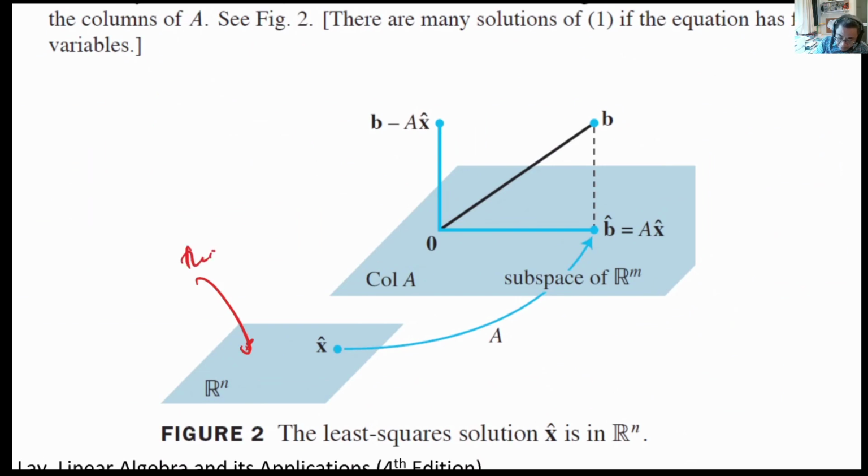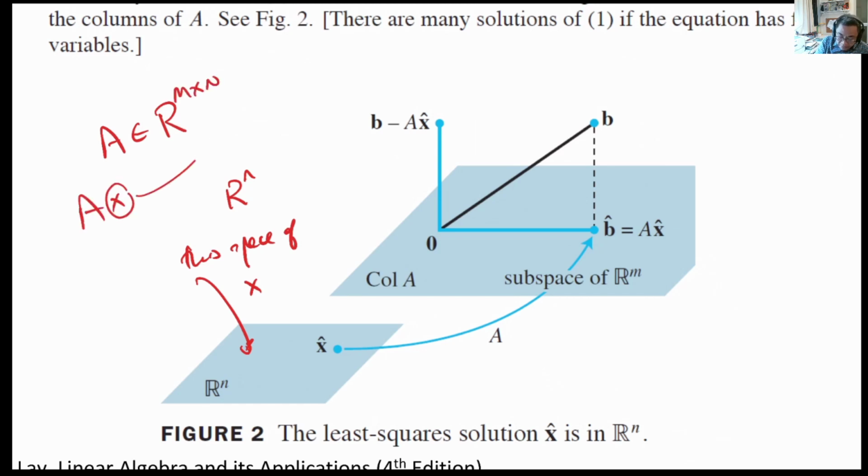This is the space of x. It is R^n because A is R^(m by n) and Ax, therefore x is of dimension n.